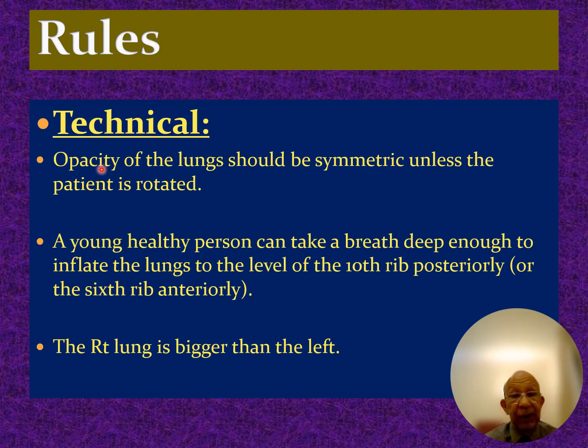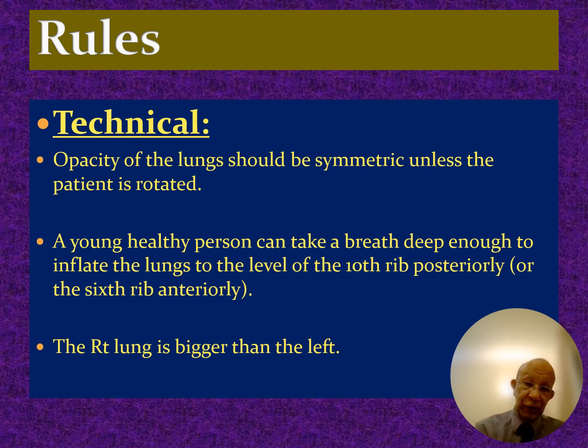Now the opacity of the lungs should be symmetric unless the patient is rotated. So the blackness or the whiteness of the lungs should be the same on the left and the right. Right? A young healthy person should take a good breath, deep enough so that you can see the 10th rib posteriorly, or the 6th rib anteriorly.